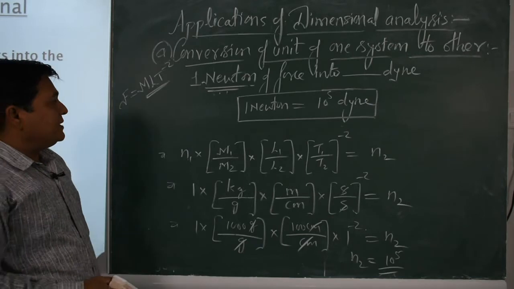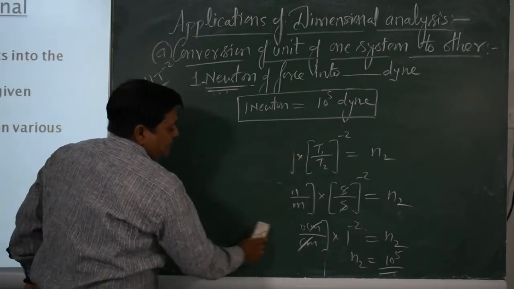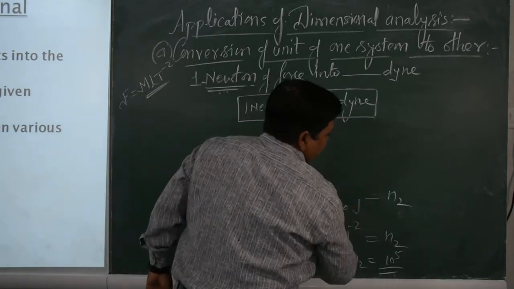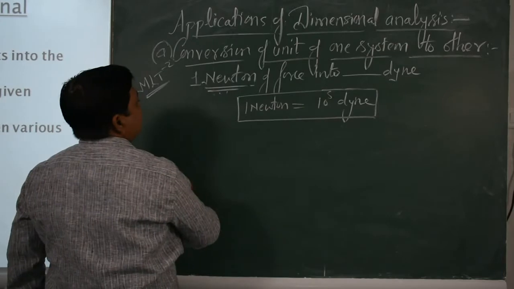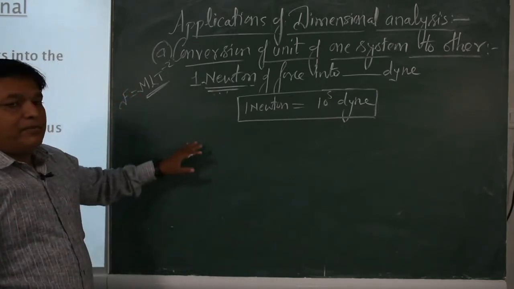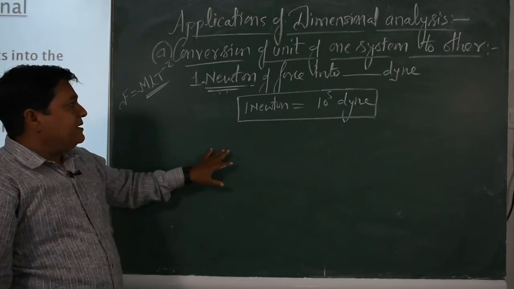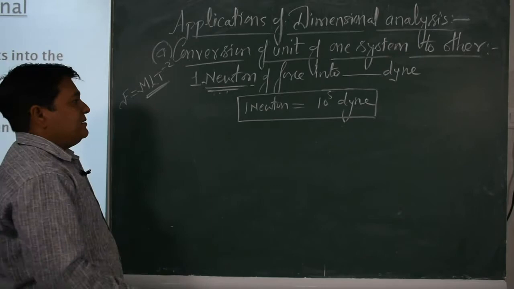Let us go through the second application. The second application is checking the correctness of equations. Whether the given equation is correct or not, we will have to check it. In between you may pause and note this down: 1 Newton is equal to 10 to the power 5 dyne.